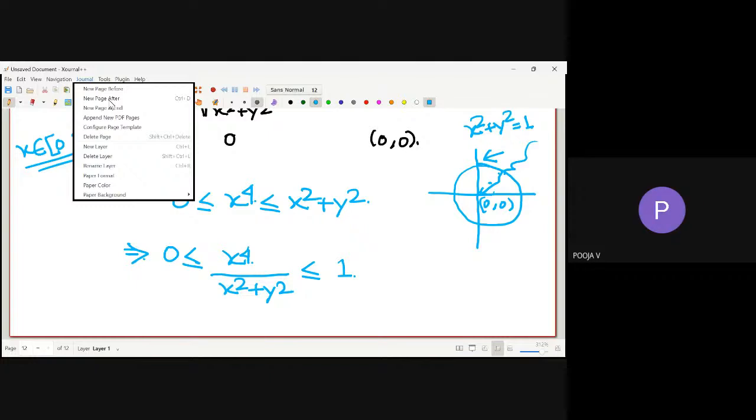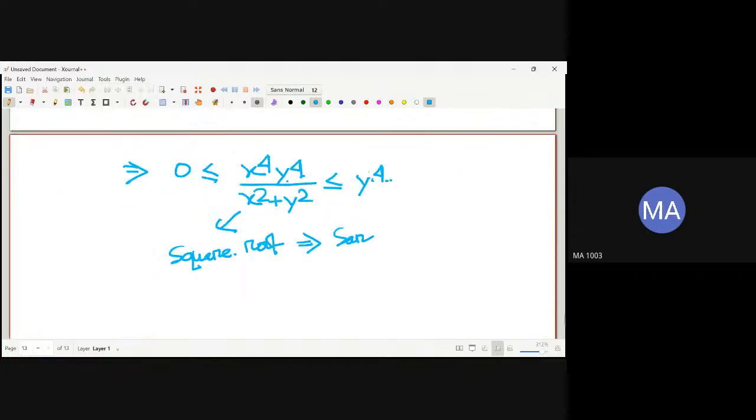On the right hand side, it would be y square, y raised to 4, instead of 1. Correct. Yes. So then you take the square root, and next you apply the Sandwich limit. Finally, what you will get is that the limit is 0. Is it clear?